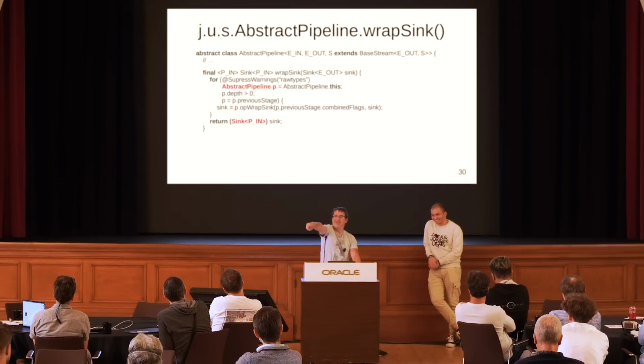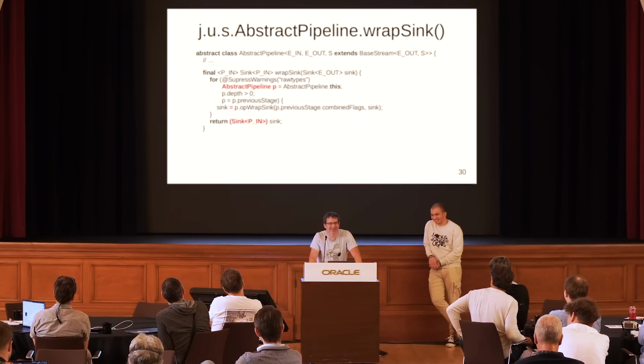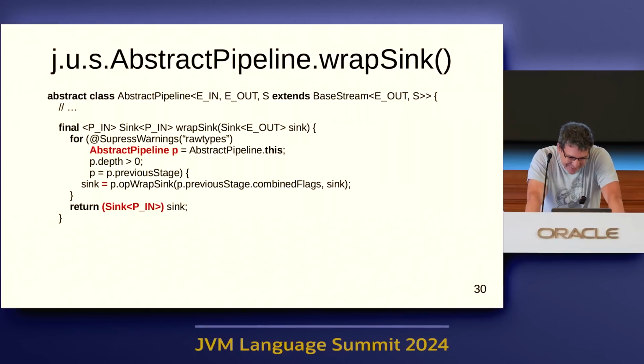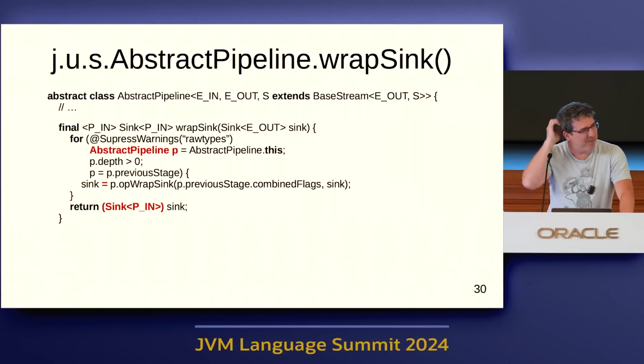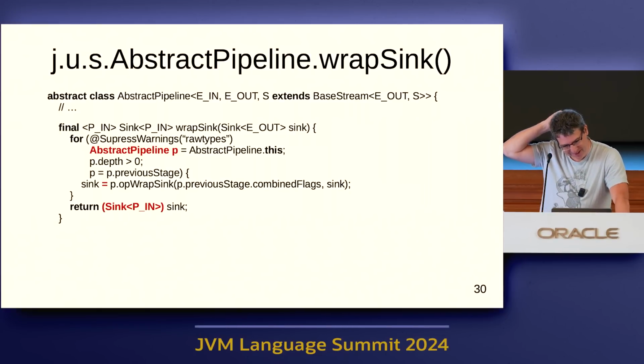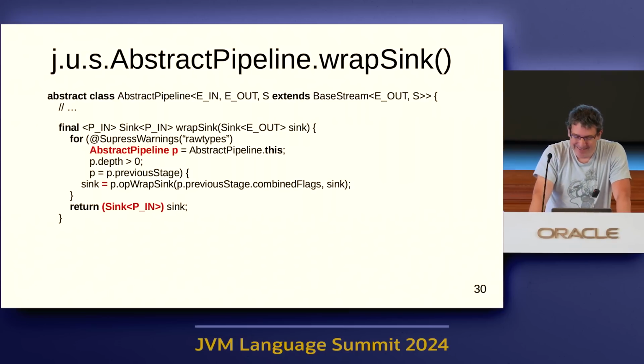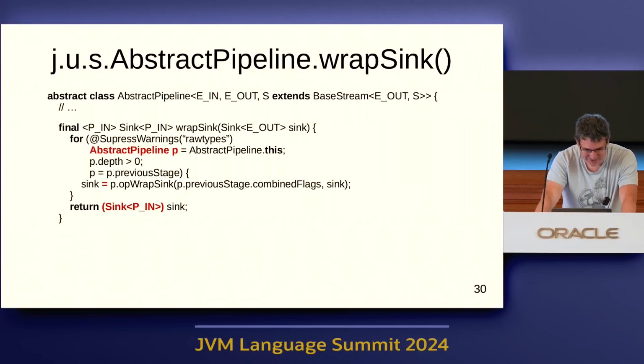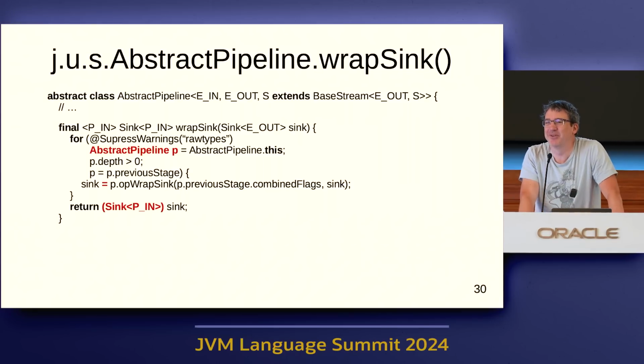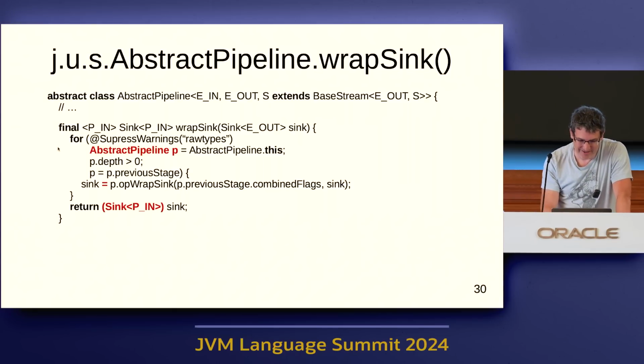So we have Paul here, who has written this code. I have no idea exactly how it works. We spent some time trying to understand it, but clearly our prototype doesn't like the cast here.